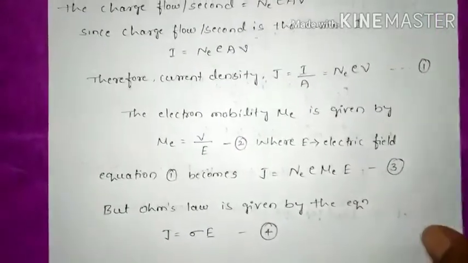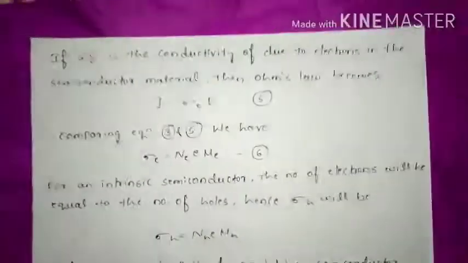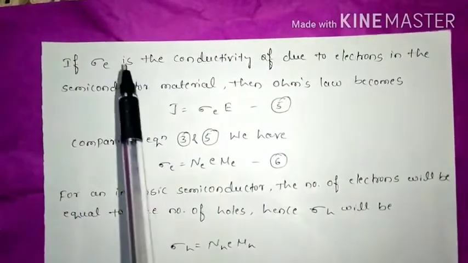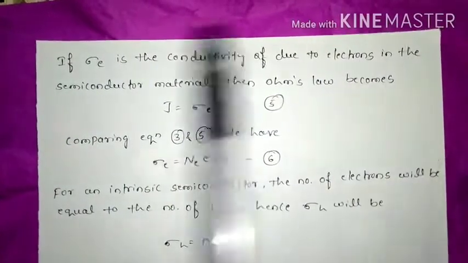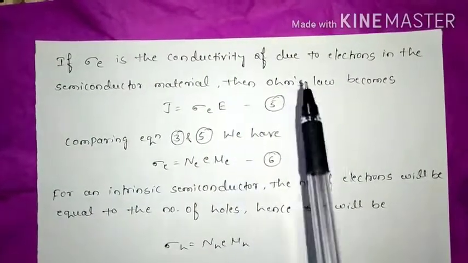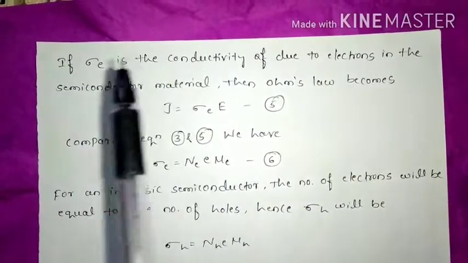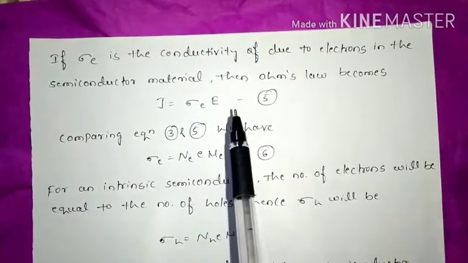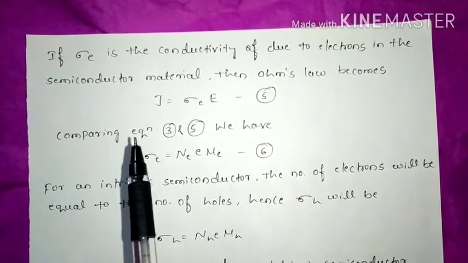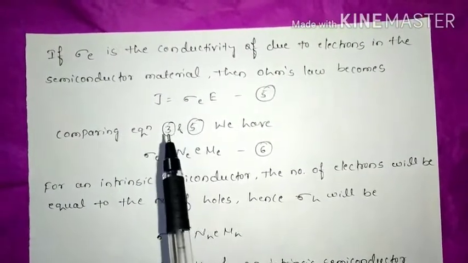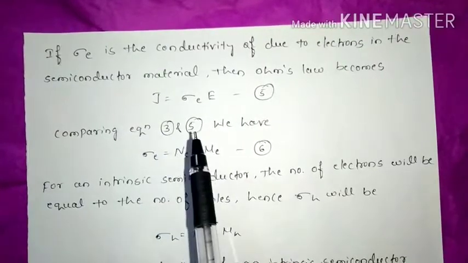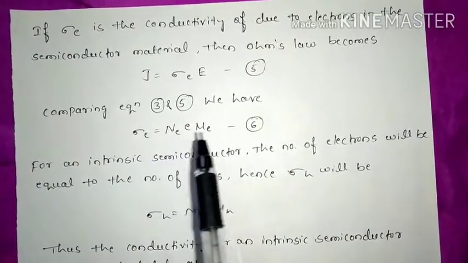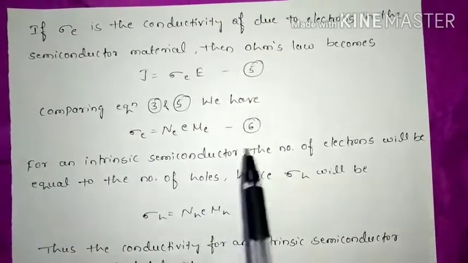If sigma e is the conductivity due to electrons in the semiconducting material, Ohm's law becomes J equals sigma e into E, equation 5. Comparing equations 3 and 5, we get sigma e equals n e e into mu e, which is our equation number 6.